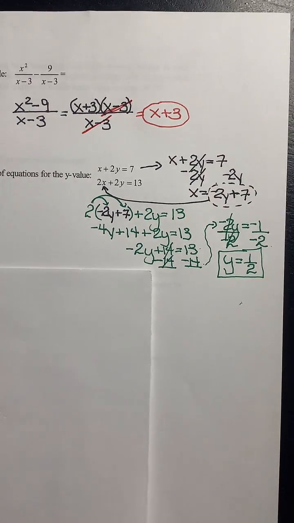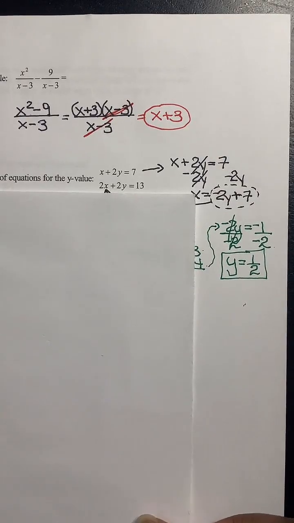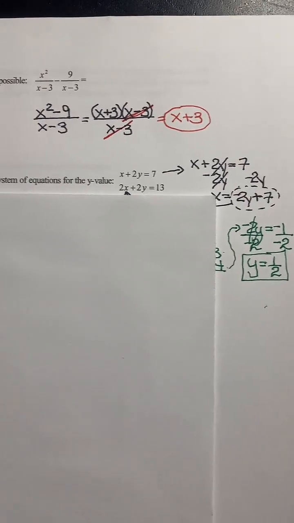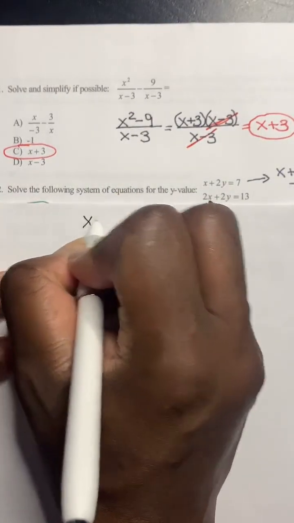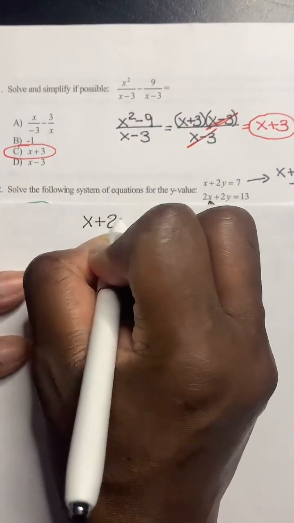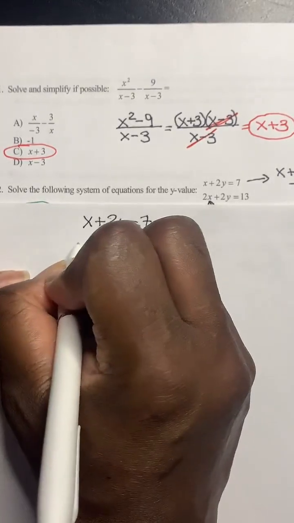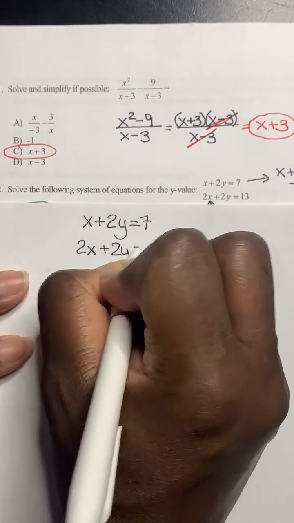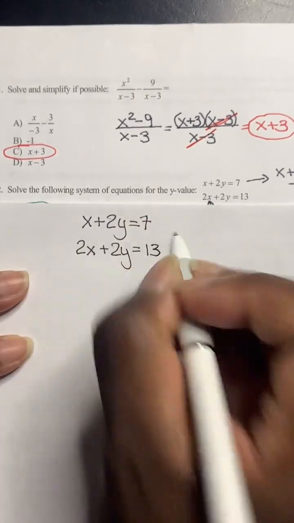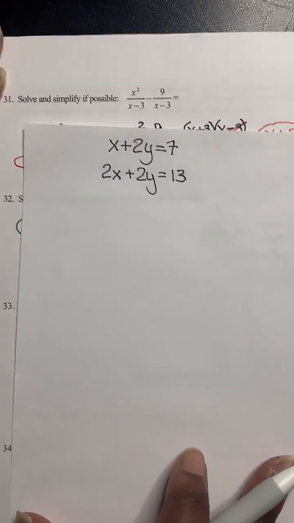Another way of doing it, and I'm going to put it on my single sheet of paper right here as soon as I finish copying, is called elimination. Okay, so let me show you on this piece of paper.